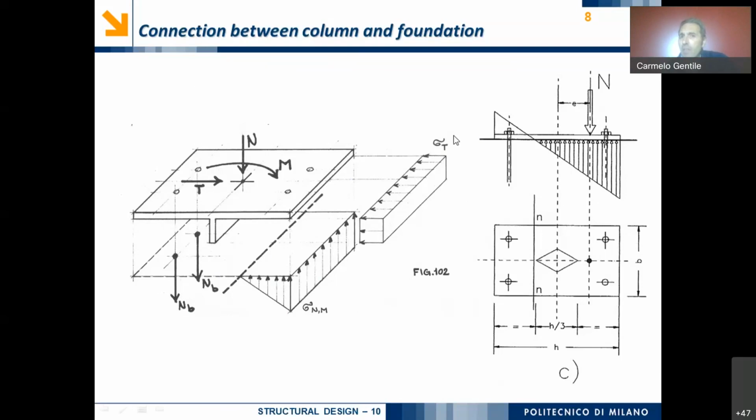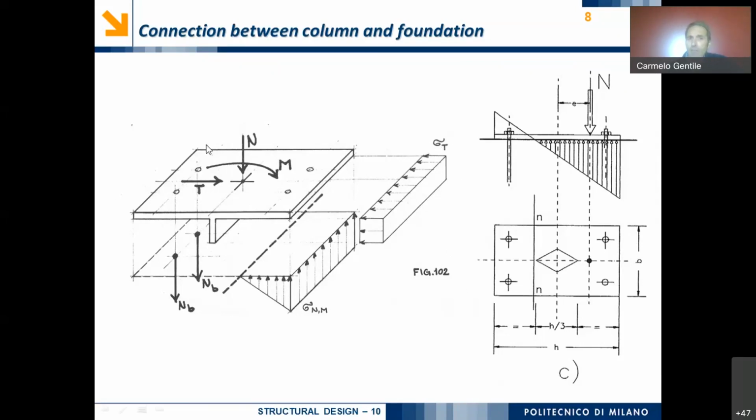The value of sigma t of these horizontal normal stresses is very easily evaluated because it's the ratio between the acting shear T and the area of this plate. And so we can basically verify the vertical plate as if it behaves like a vertical cantilever beam.